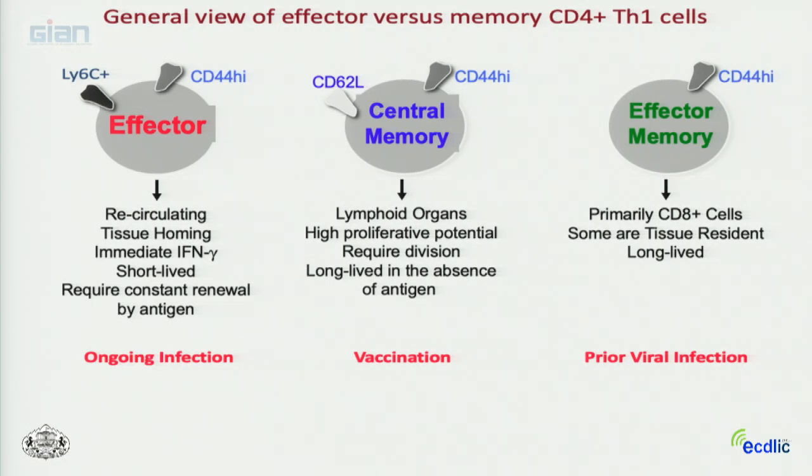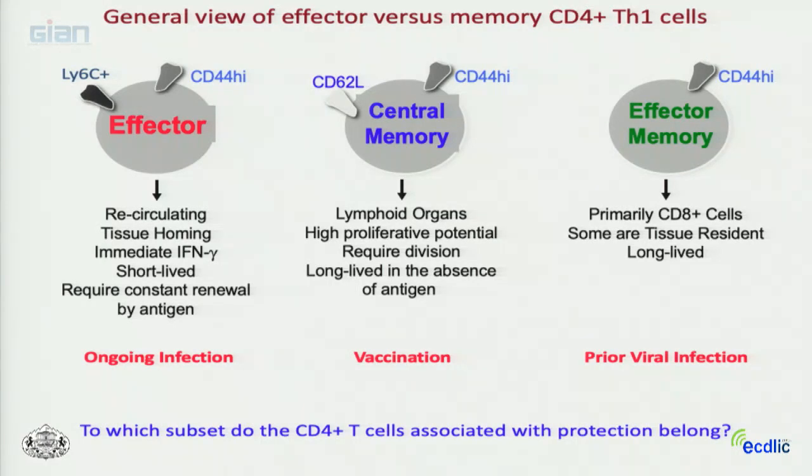So a vaccine, a non-living vaccine, and that has been the paradigm for vaccine development all along, this is the cell you need. You just need a central memory cell and non-living antigen. Conventional antigen can generate those cells, and that should be sufficient.